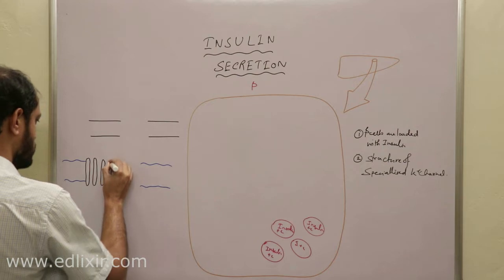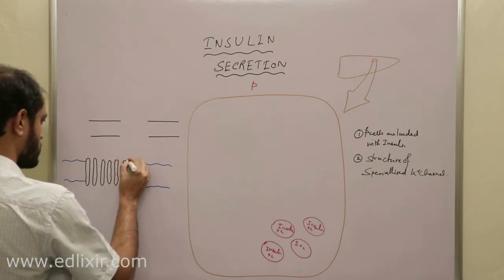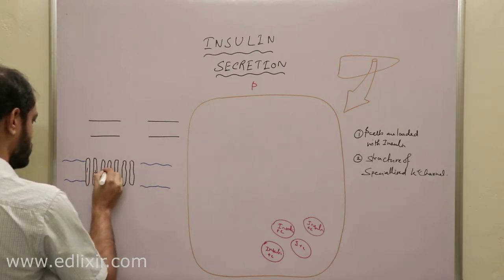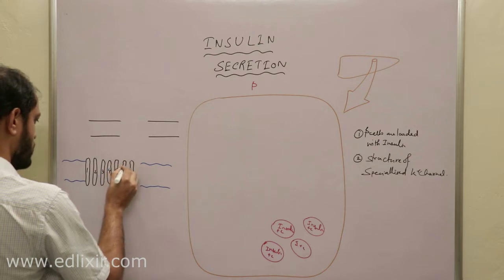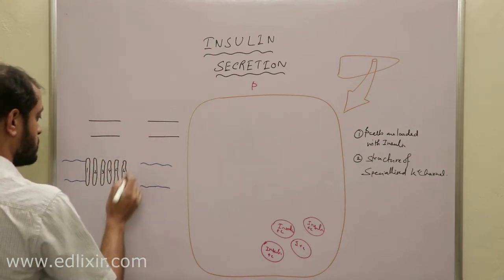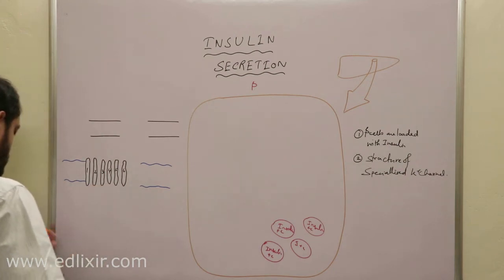One, two, three, four, five, six. Almost every potassium channel looks like this, and there are other domains associated with it.